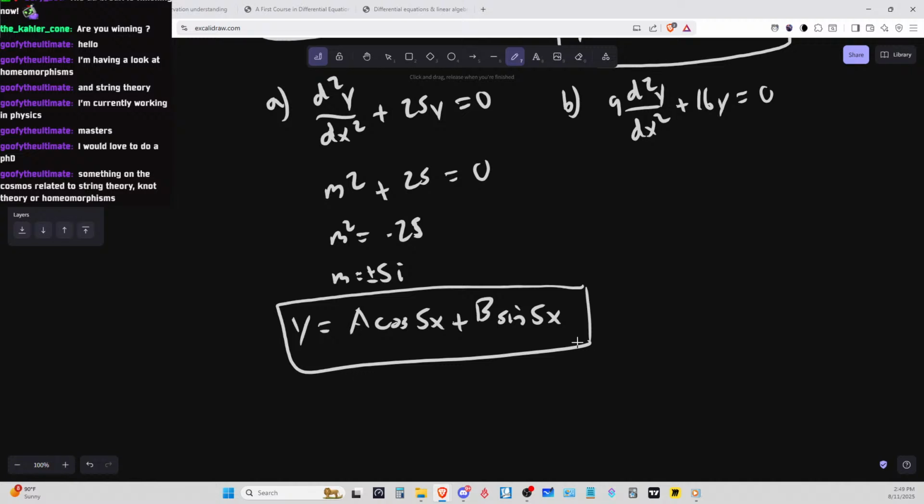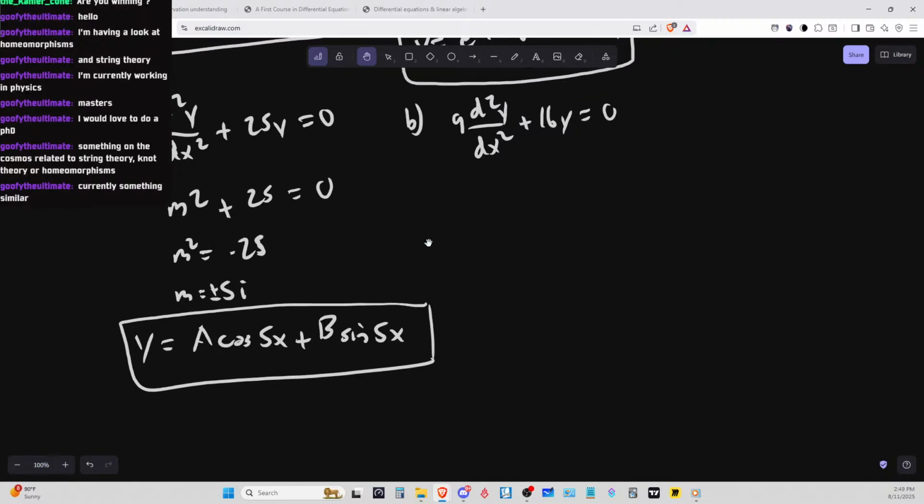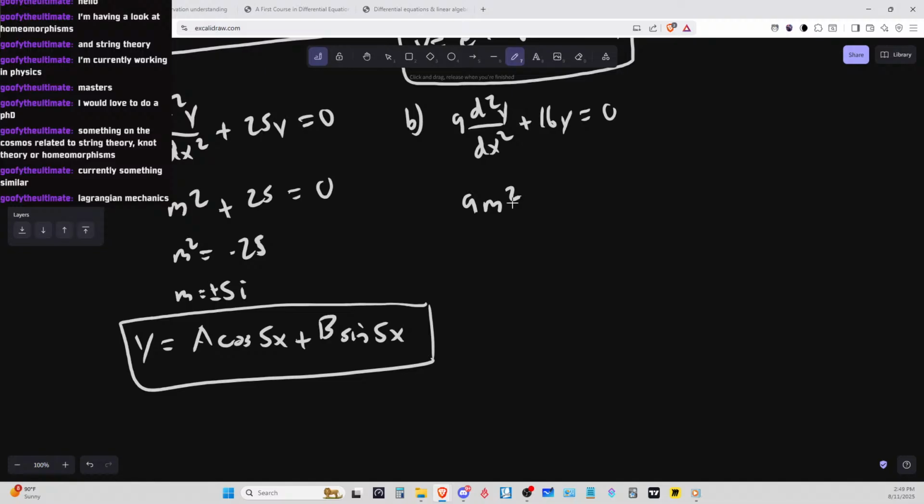Something on the cosmos related to string theory and knot theory. I also wanted to learn knot theory, because I know it's related to string theory. I'm really interested in what you and Grandma Ursula discover in your research, because you guys feel like you're on the borderline of the frontier.